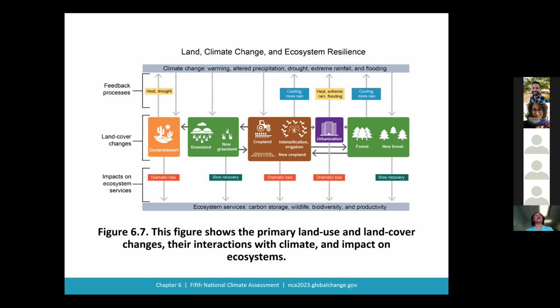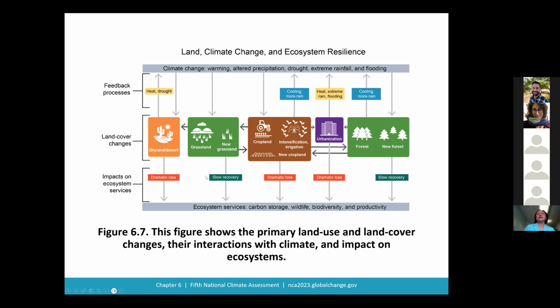So it's different types of service we are looking at. And as I mentioned already, sometimes the cropland is no longer productive, you abandon it, and that leads to growth of new grassland. And again, the recovery of the ecosystem is a really slow process.